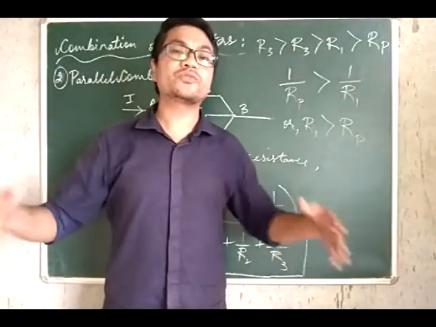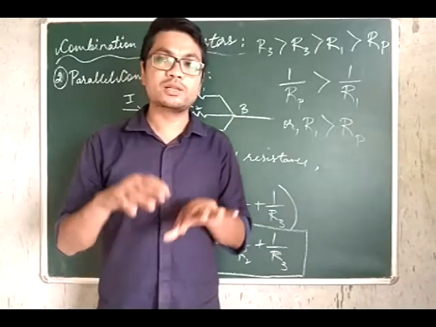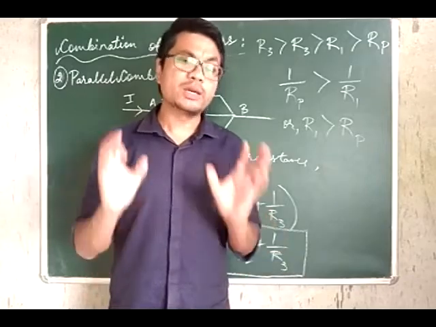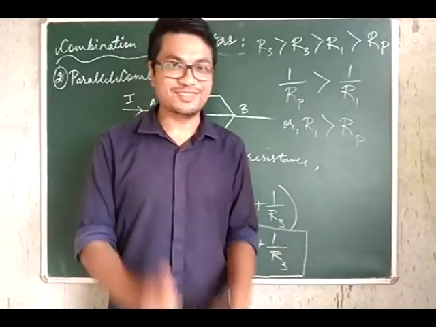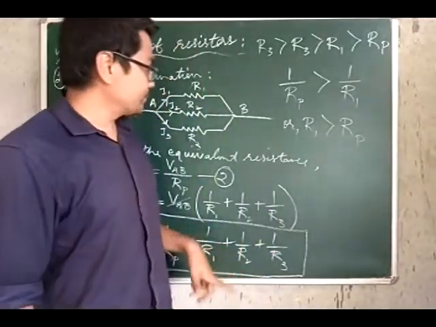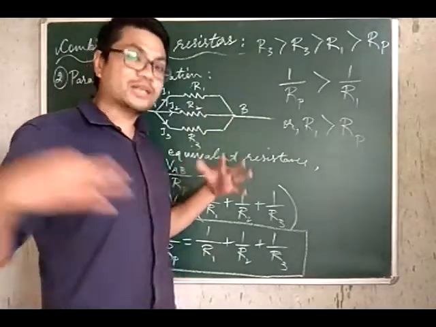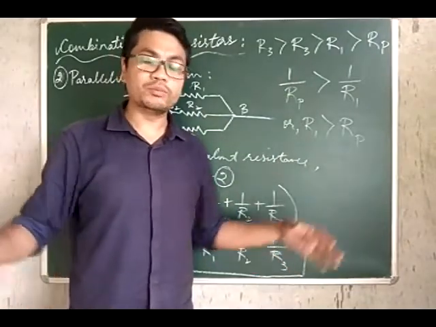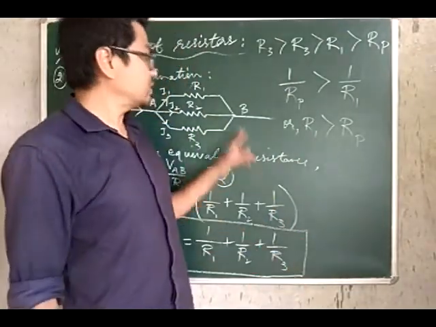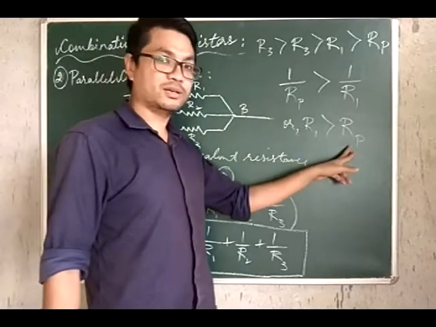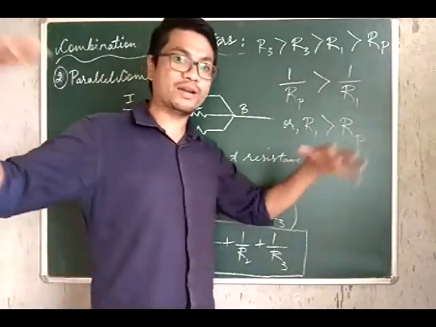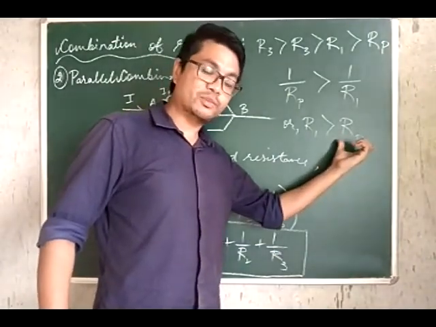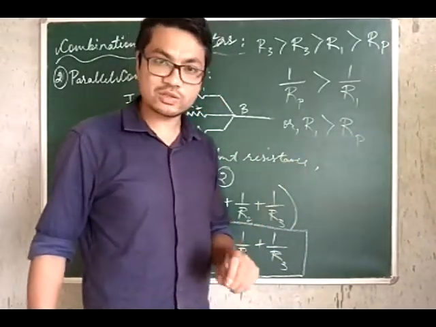All the electrical wiring done in our houses is done in parallel. So the equivalent resistance of the different wirings and resistors that we connect will be lesser than the least value of resistance.